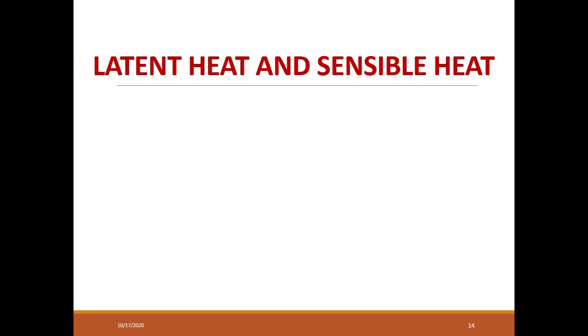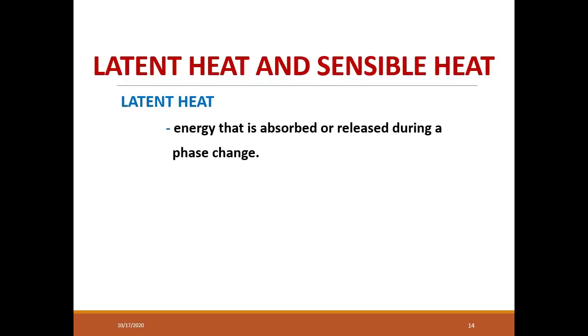Other types of heat are the latent heat and sensible heat. Latent heat is the energy that is absorbed or released during a phase change: absorbed going from solid to liquid and liquid to gas, and released going the other way. The latent heat energy is absorbed or released at constant temperature.